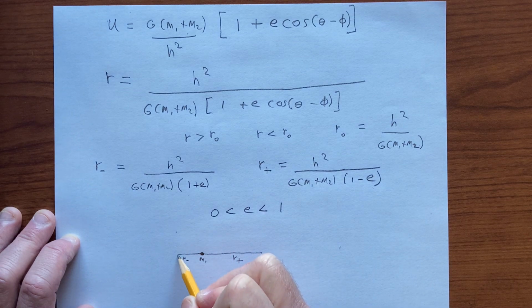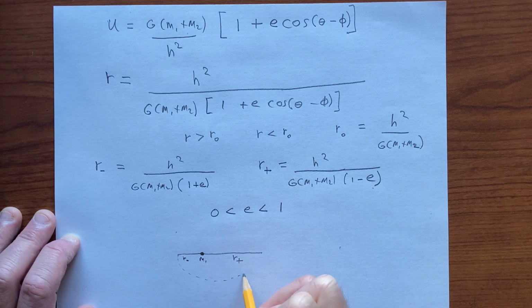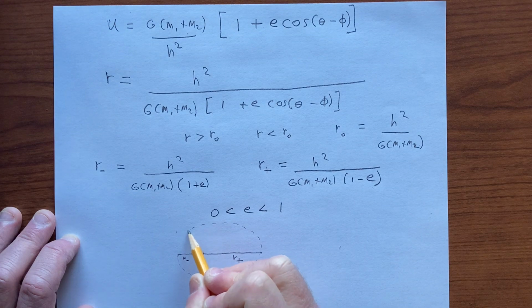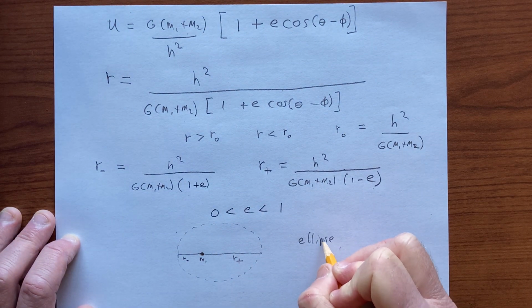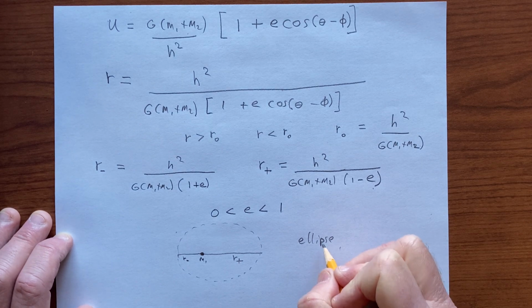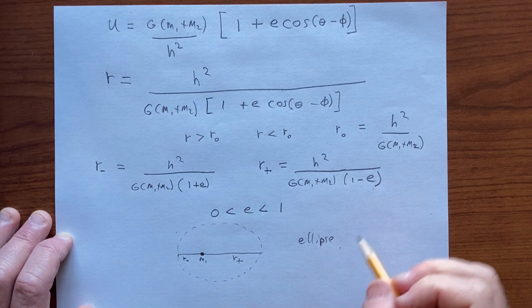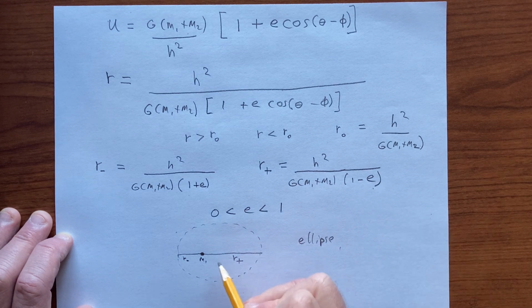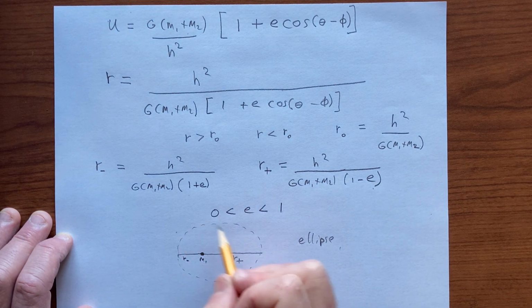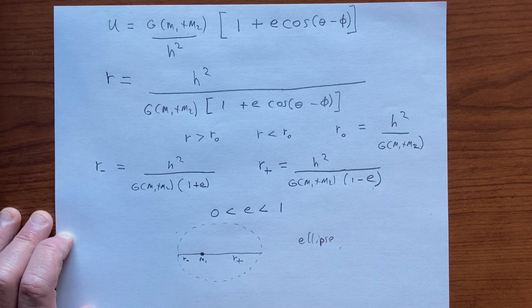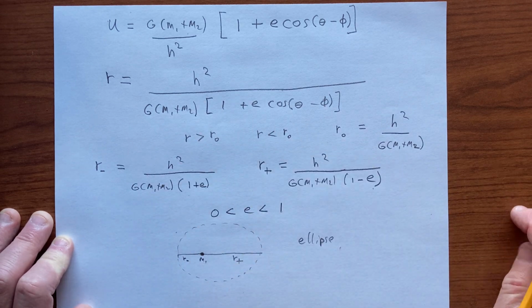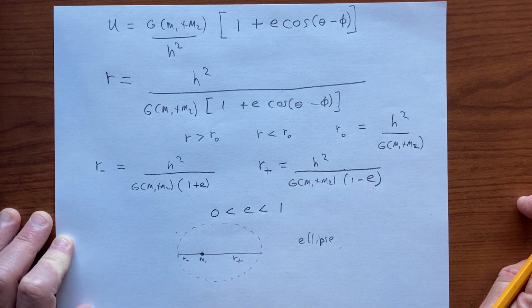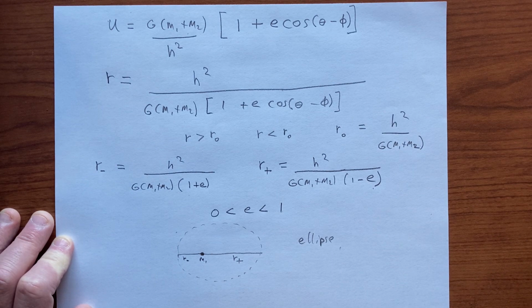And this kind of thing is an ellipse. Not the only solution to this. Of course, if e goes to 0, then it becomes a circle. But that's only possible as the mass m1 dominates over the mass m2. So we've shown that an ellipse is a solution to the equation of motion.